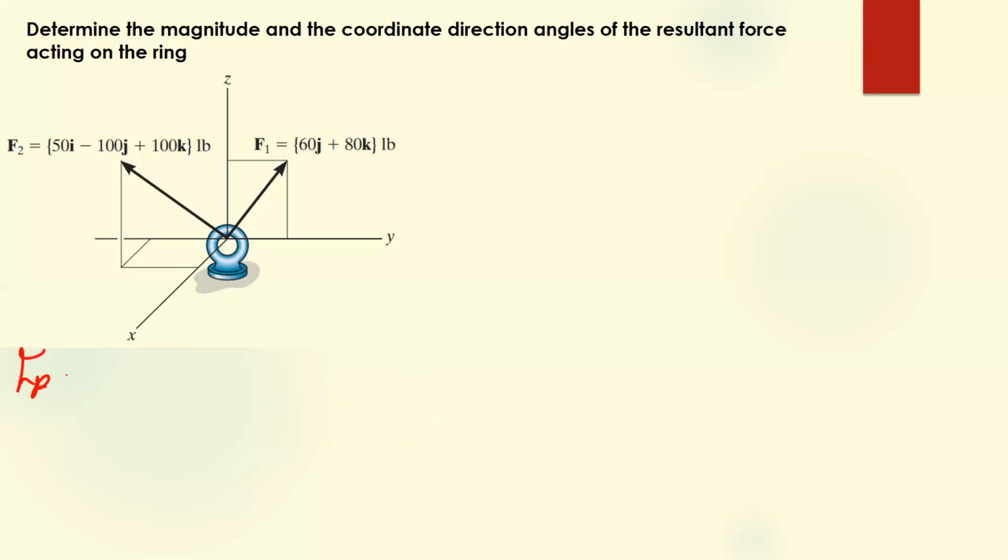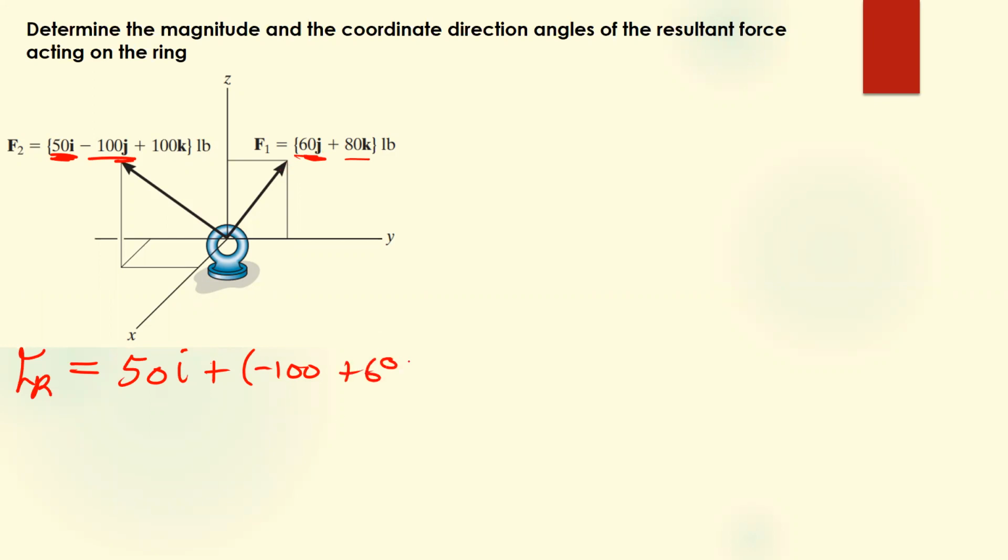So the resultant force is going to be given by adding. We have 50 in the X there. Do we have the X component of this force? We don't have. So the first one here will just be 50. So we're going to have 50I. And then we have negative 100. So I'm going to say plus, open brackets, negative 100, then we have J there, negative 100J, we have 60J there.